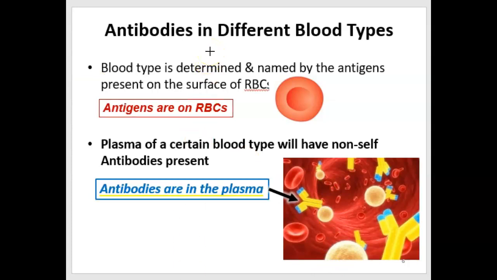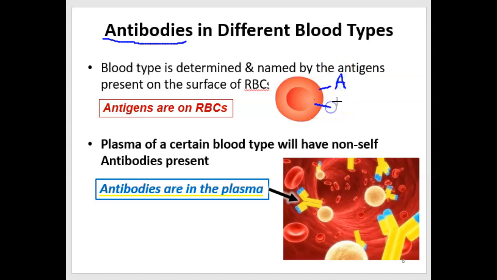It's a protein. It's a protein in a person's blood, and these are antibodies. So antibodies vary in different blood types. So we've learned so far that a person's blood type is determined by what antigens are on the red blood cell.